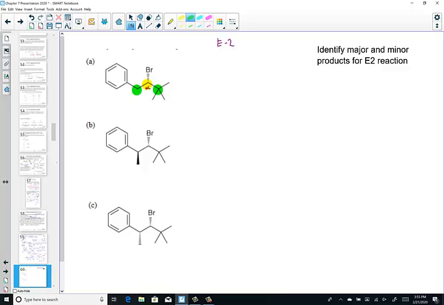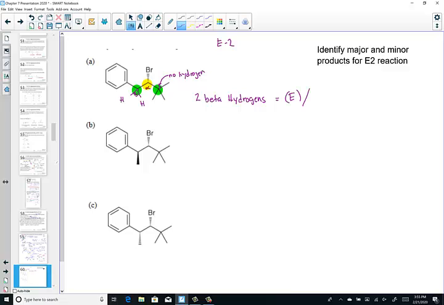Of course, this has no hydrogens, so I have 2 beta hydrogens. And when I have 2 beta hydrogens, I will have a mixture of product. You'll have a major and a minor product, and both relate to the cis-trans conformation.